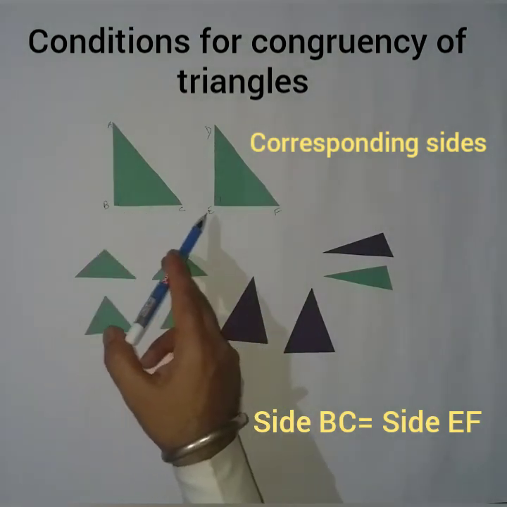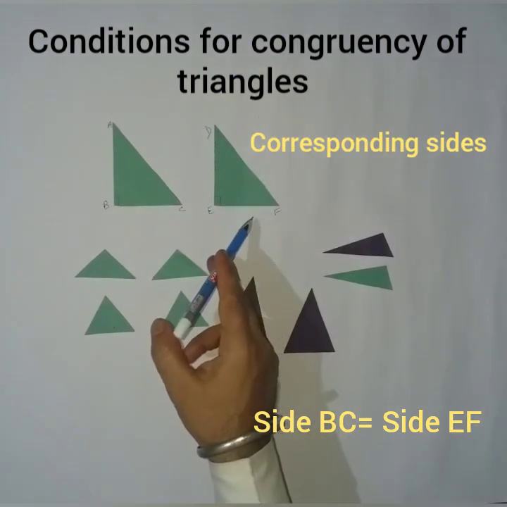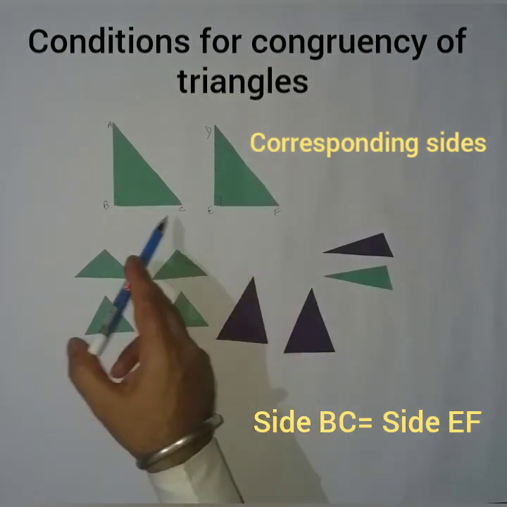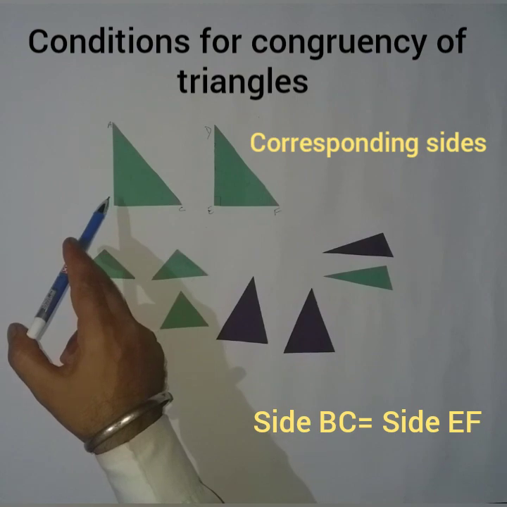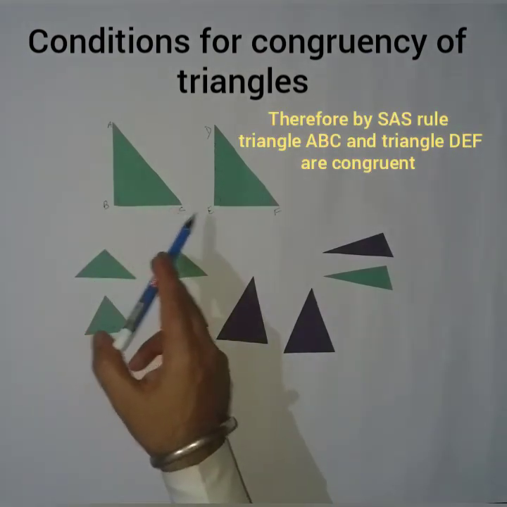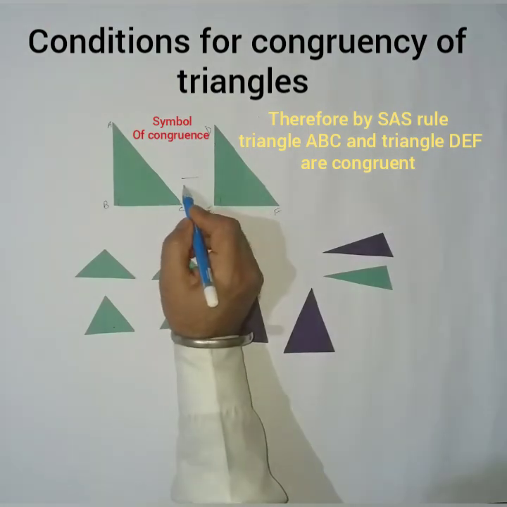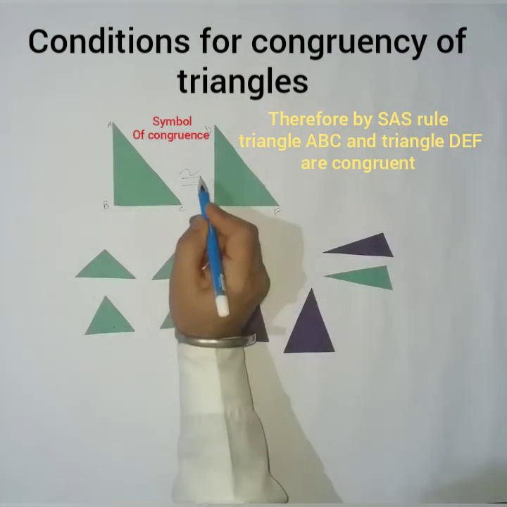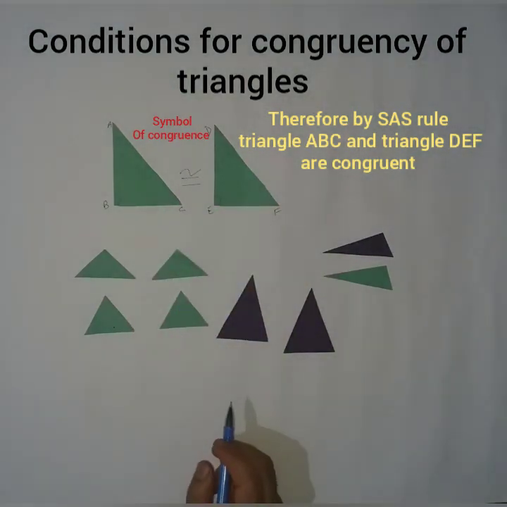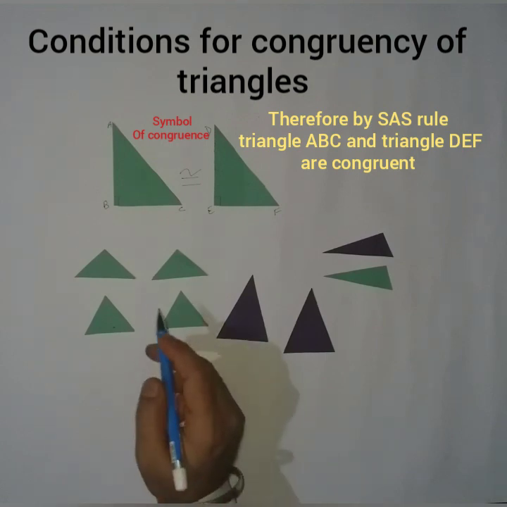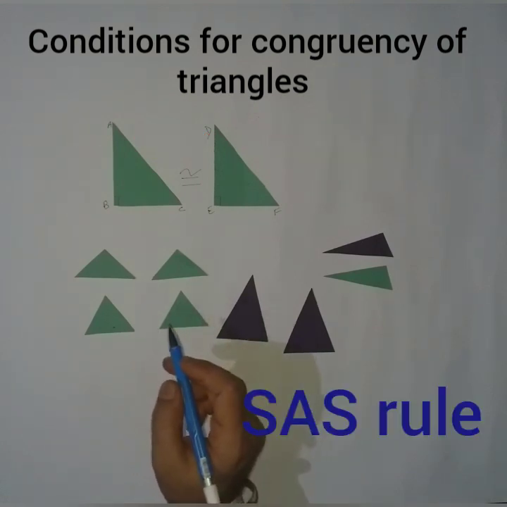BC and EF are also of the same length. That is why these two triangles are congruent to each other. So this is the symbol of congruent. Similarly, this one is the SAS rule.